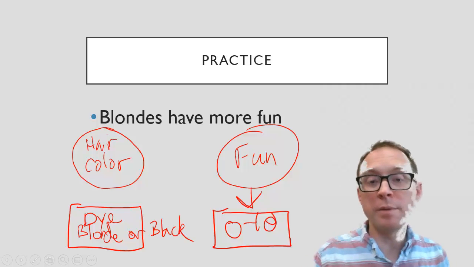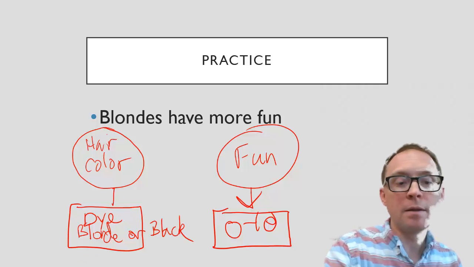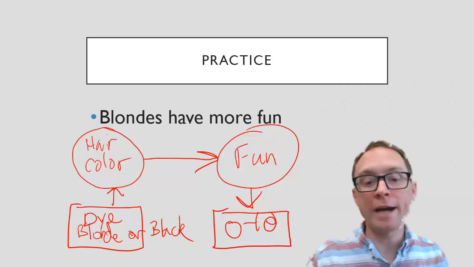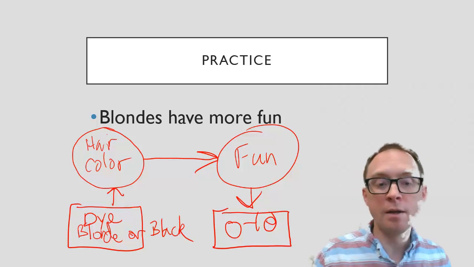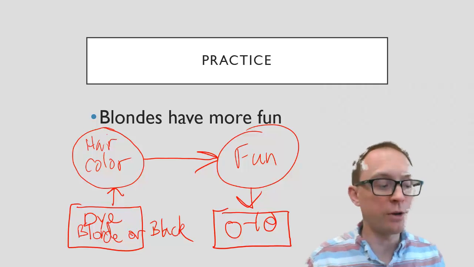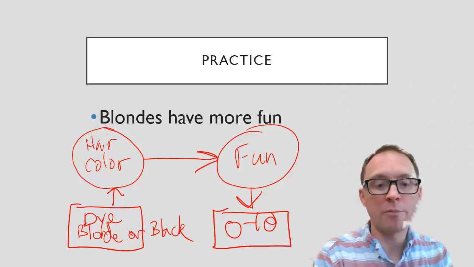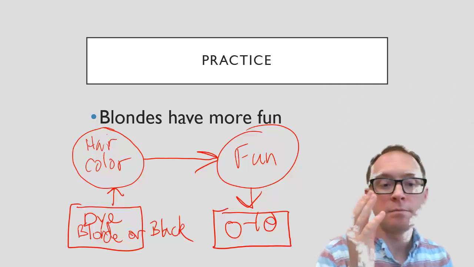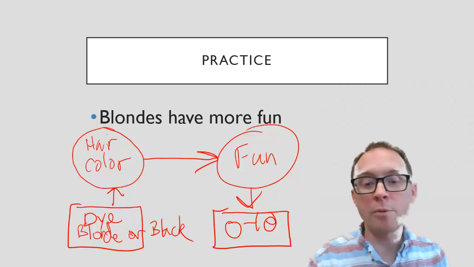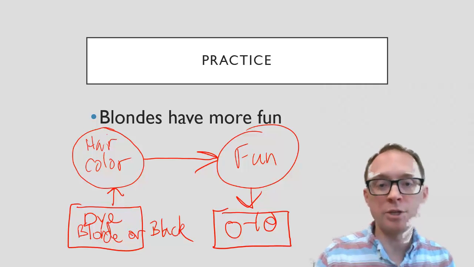That's what's called a manipulation. And if I do that, then that would be able to tell me whether or not your hair color actually causes you to have fun. So I would dye your hair blonde or black, and then I would measure how much fun you're having on a scale from 0 to 10. That is an experiment. The operationalizations are dyeing your hair blonde or black, that's a manipulation, and the other operationalization is the measurement of fun.